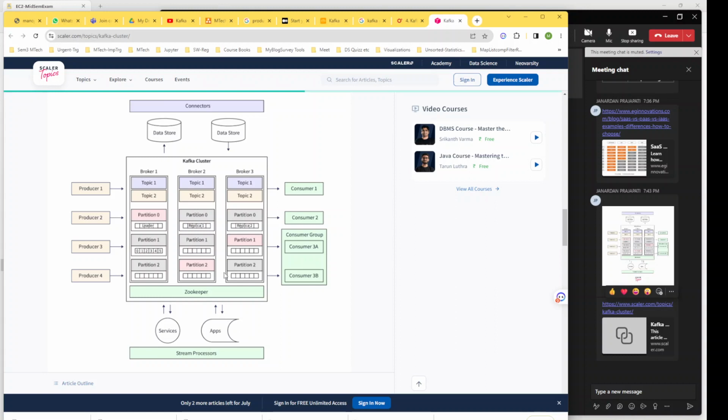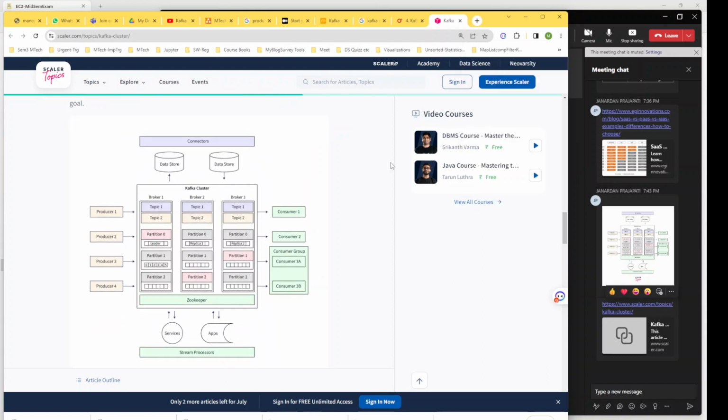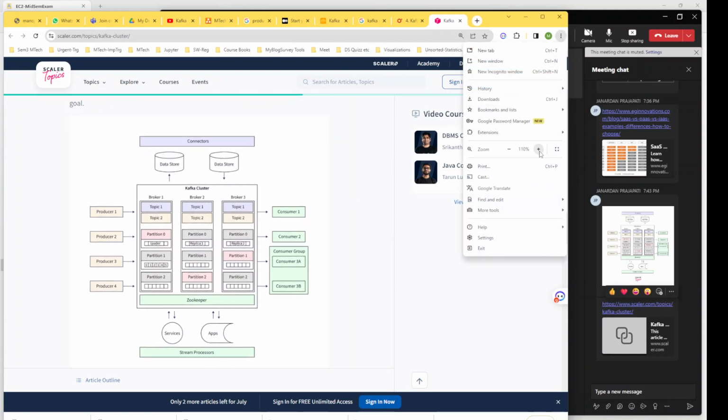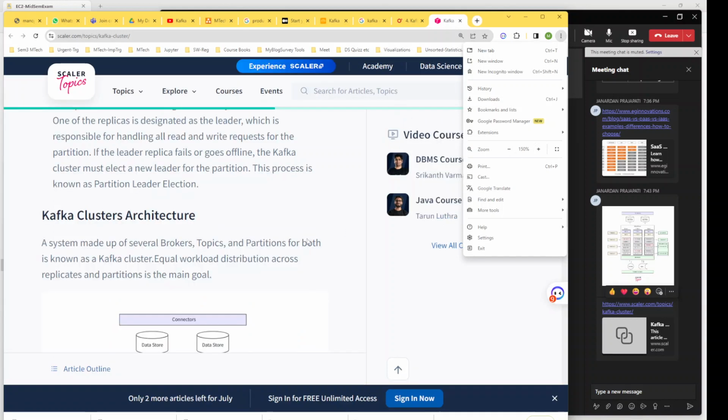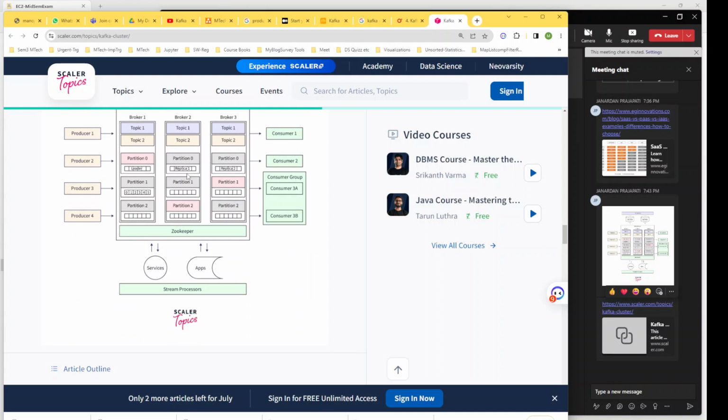But what is that within partition 0? Something is also linked, like a linked list kind of thing. Can you zoom in a little bit bigger so we can read it? Replica is written.